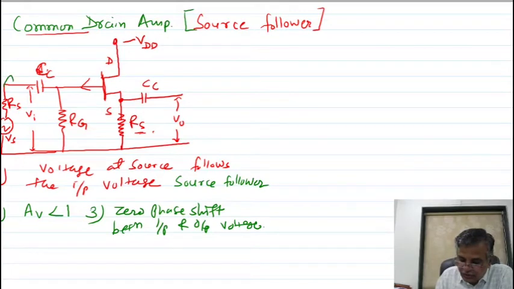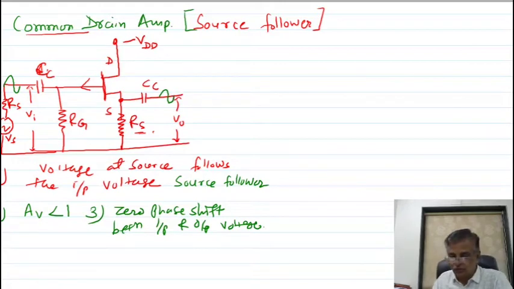If this is your input, your output is like this. So there is no phase shift between input and output signal. This is your input voltage, this is your output voltage, so there is a zero phase shift between these two.